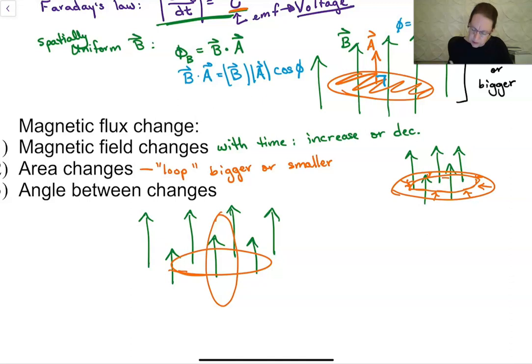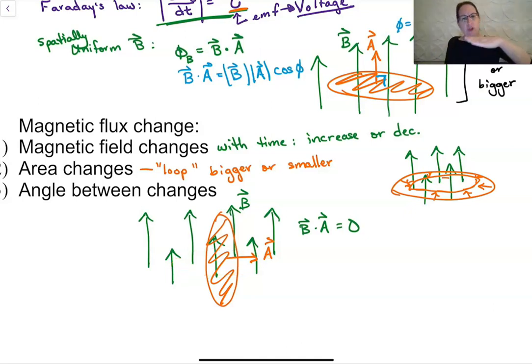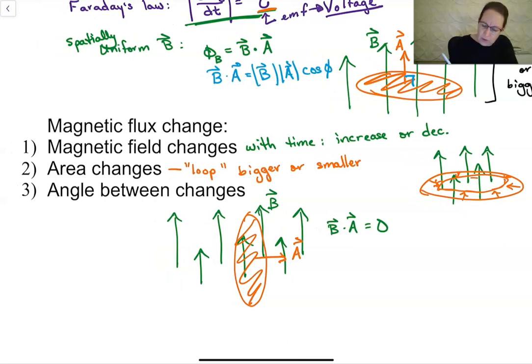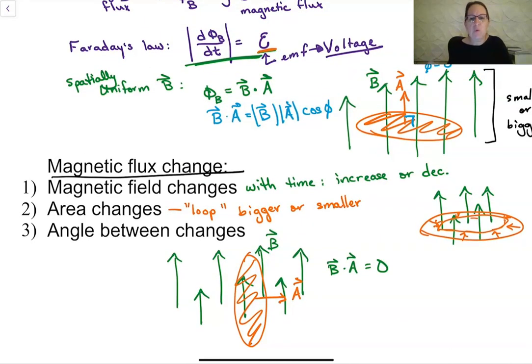Here, in this second situation, if the area is suddenly in this direction, notice there's area and there's B. Now we have B dot A is equal to 0 in this second situation, right? And so if we change from our loop being flat to then rotating, while it rotates, that changes the magnetic flux. So all of those things are ways that the magnetic flux can change, and that will create this voltage. Okay, so that's the general idea.